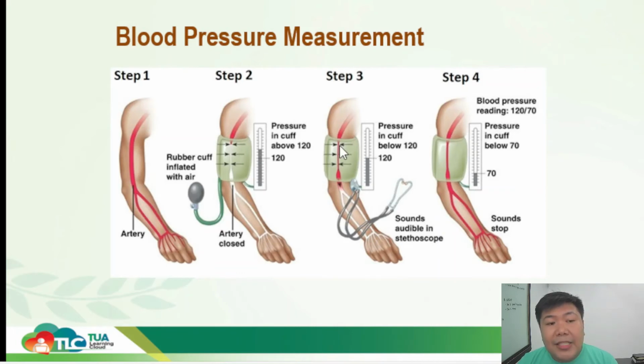Once the arteries open up, it will cause pressure to produce a sound called the Korotkoff sound. The first beat that you will hear will correspond to your systolic pressure. And once the entire vessel is no longer occluded, the last beat that you will hear will correspond to your diastolic pressure. So let me demonstrate it to you.